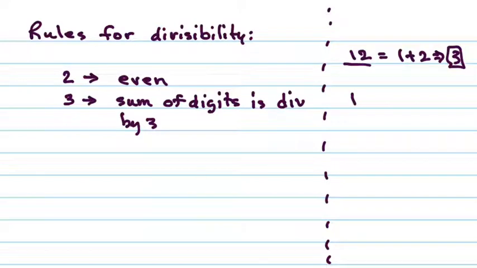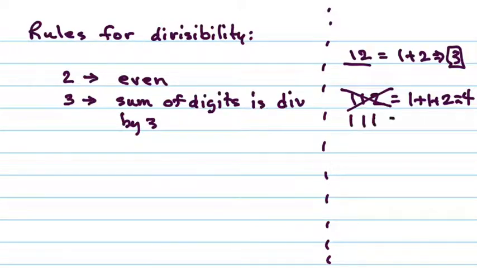And you can do that with any number. So 112: 1 plus 1 plus 2 is 4. Does 4 divide by 3? Say no. Okay. Well, then neither will 112, even though most people would look at 112 and think, yeah, that probably divides by 3, but it doesn't.